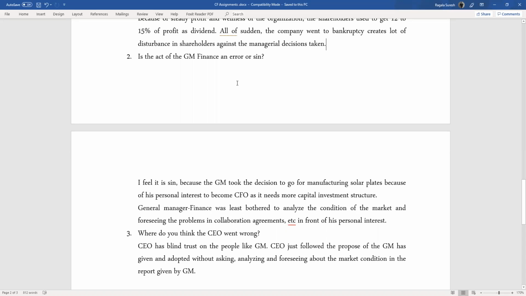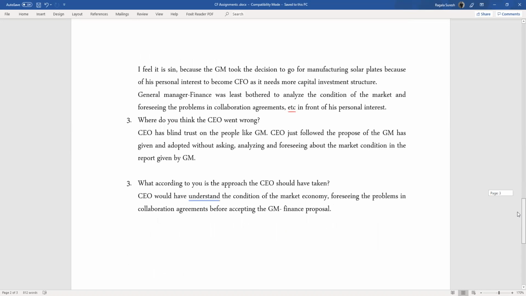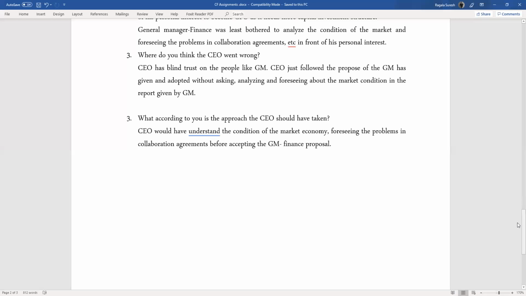He didn't analyze those things, and he proposed the decision to the CEO. The CEO trusted this GM Finance blindly, and he approved it. So it's a sin, not an error, because taking a decision without analyzing, for his personal benefit, is wrong, because a lot of shareholders were also affected, right?